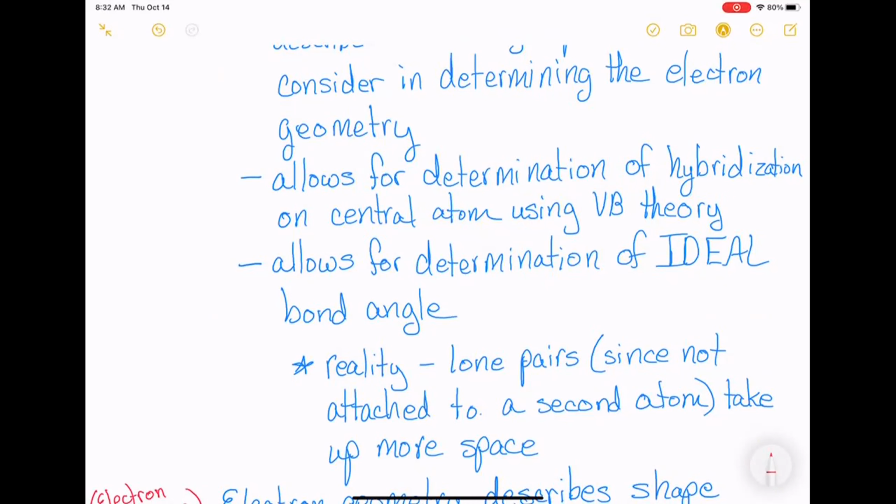And because it takes up more space, it causes the angles to be smaller than would be expected otherwise.